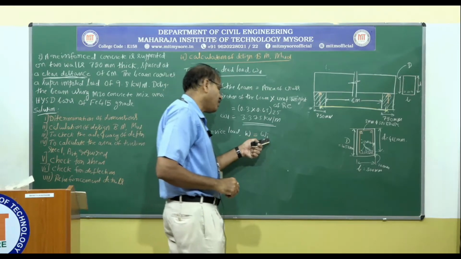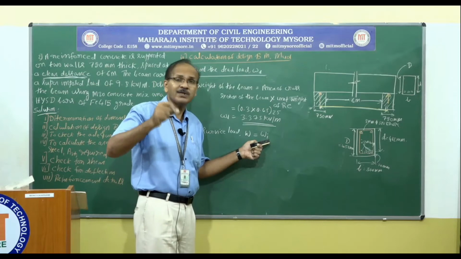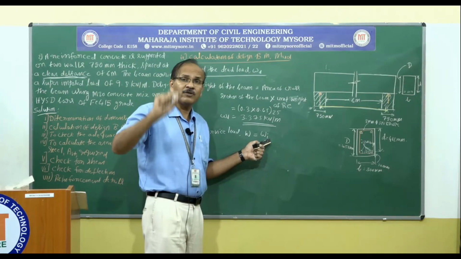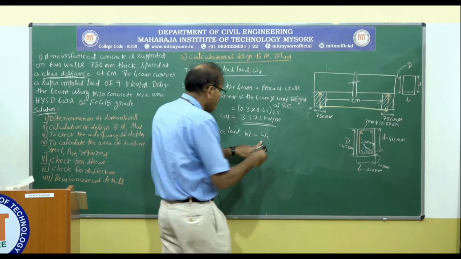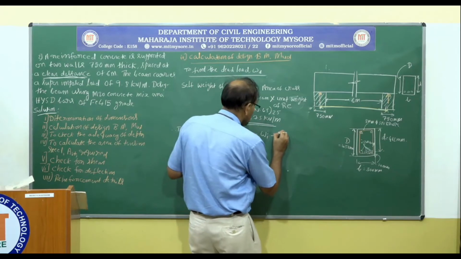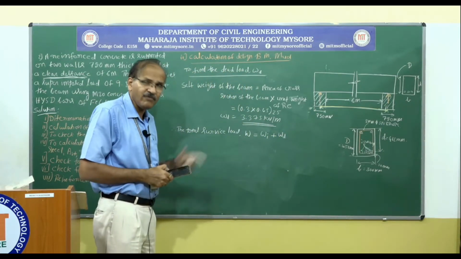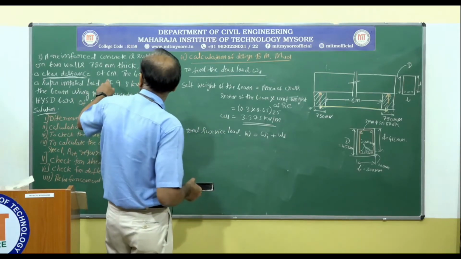You can call this as WI or WL. I stands for superimposed, L stands for live load. So whether it is superimposed or live load, it is one and the same. Okay, superimposed load plus dead load. That is the self weight of the beam in this case. So what is WI?